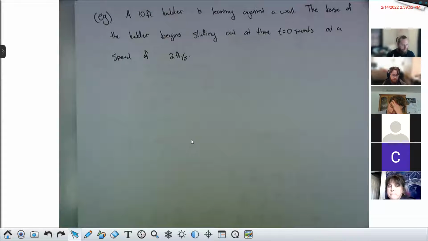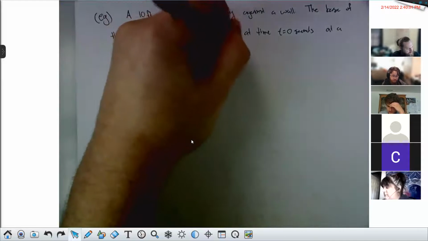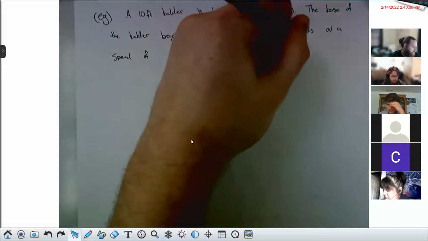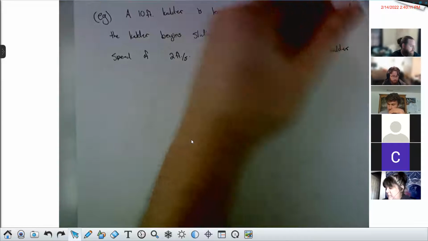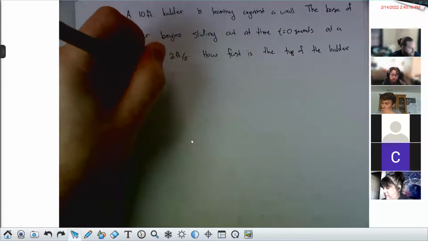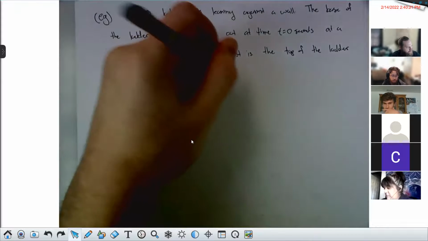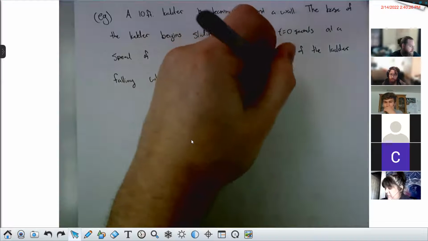And us being perched at the top of the ladder are going to start coming down. How fast is the top of the ladder falling when the base is 4 feet from the wall?